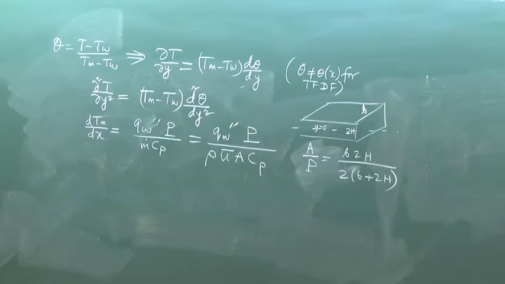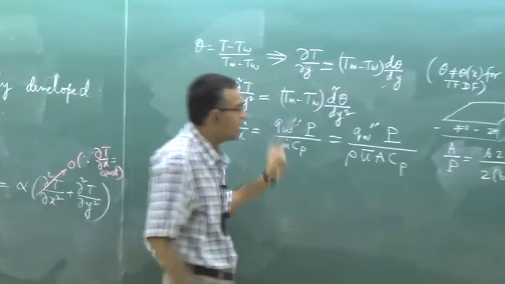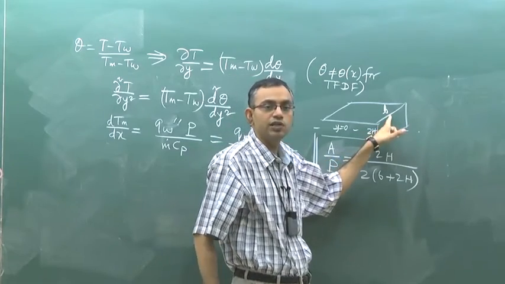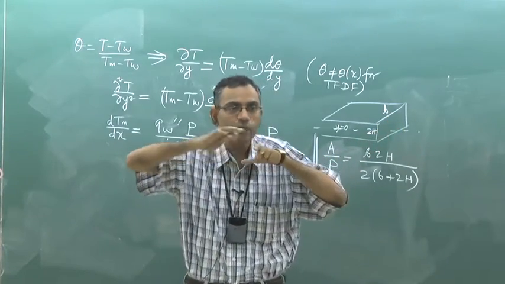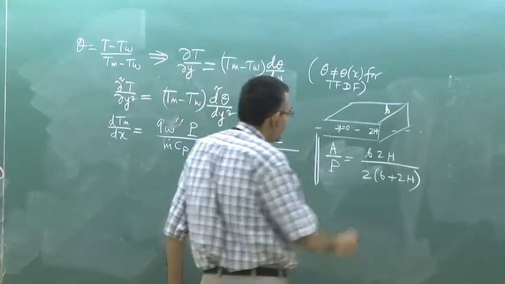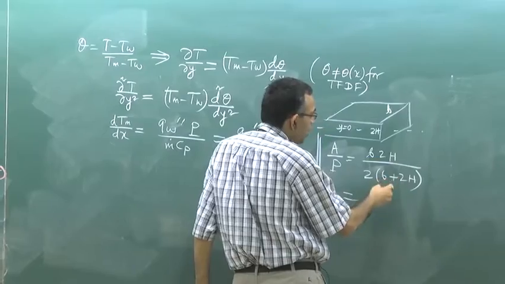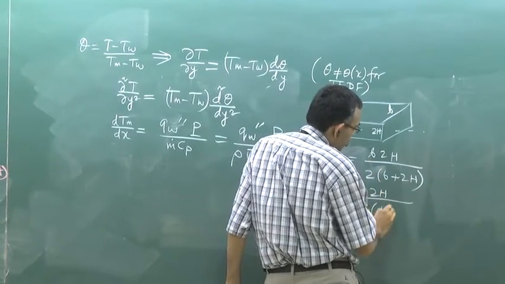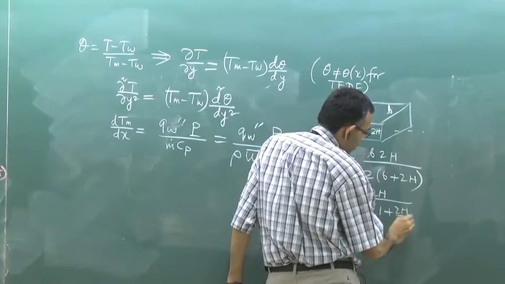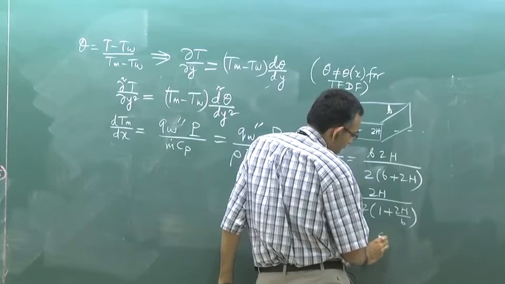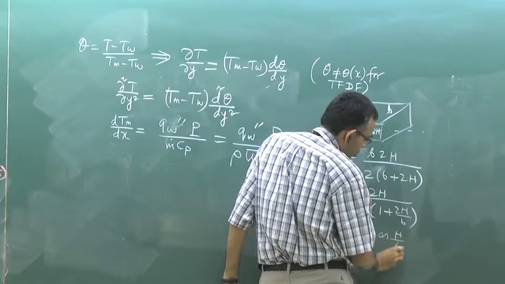Now we have to consider a limit while calculating this area by perimeter. What is that limit? The limit is that h by B tends to 0, because by definition in the parallel plate channel the width is infinitely large. So we will divide both numerator and denominator by B. So this becomes 2h by 2 into 1 plus 2h by B. So this will become h as h by B tends to 0.